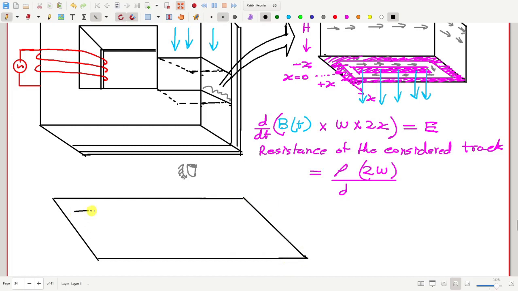Okay, so we are considering a narrow track.